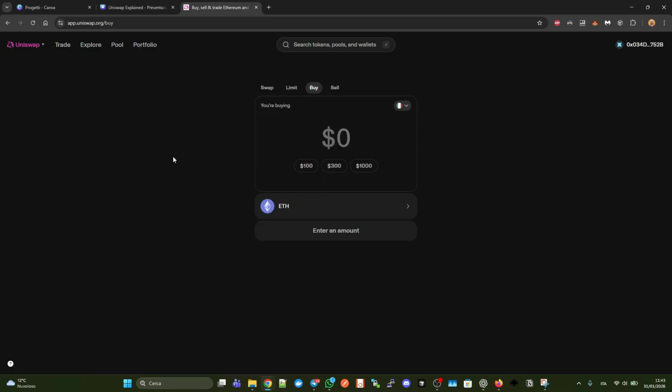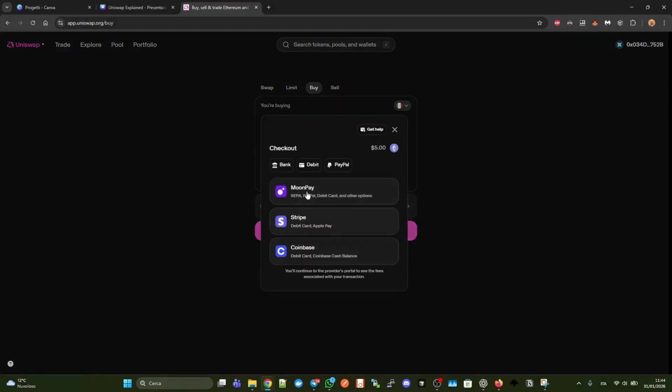Another thing that you can do here: Uniswap allows you to do the on ramp, which means taking money from fiat to the blockchain, so buying crypto essentially, and it allows you to do it by using a third party service. For example, if I want to buy $5 of it on the mainnet in this case, and I hit continue, it brings me to MoonPay, Stripe.